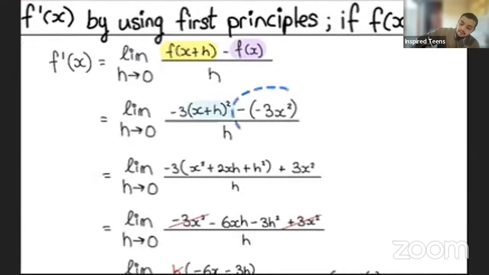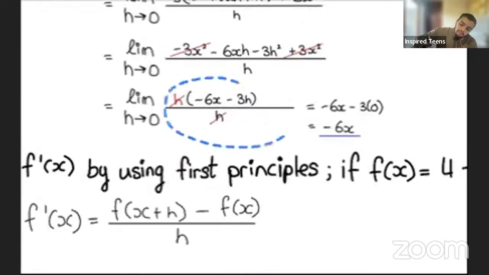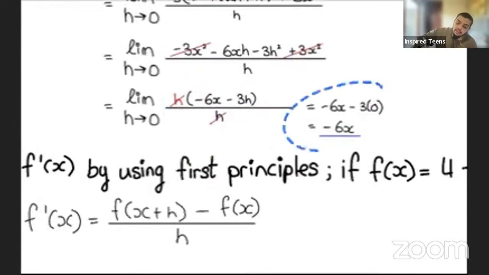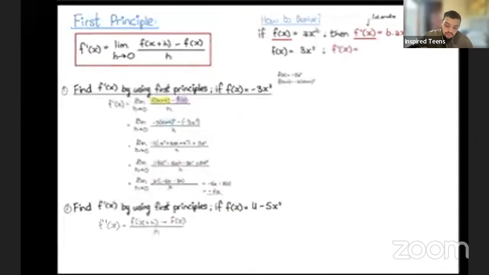We subtracted f of x, so minus 3x squared, and then we just simplify. We multiply out the binomial by doing FOIL, and then we multiply the negative 3 into it. We canceled some terms, took the common factor of h and simplified, and then substituted h as 0. So you'll see all of them do a similar thing.